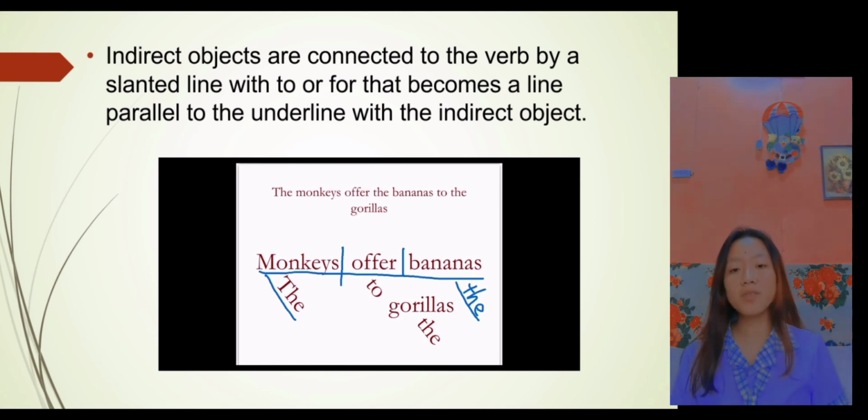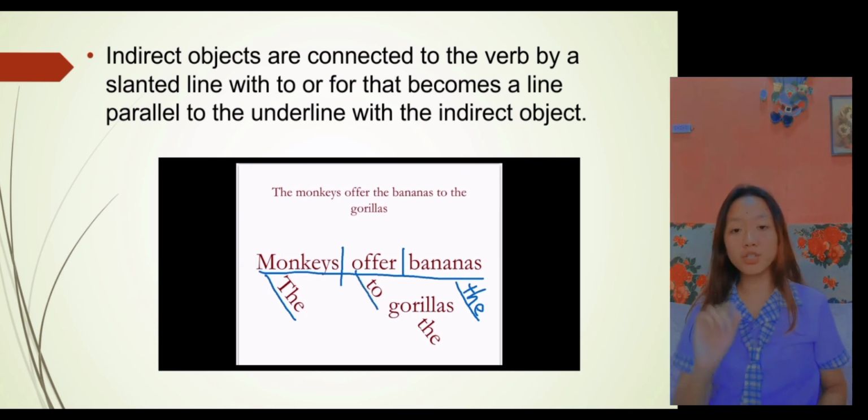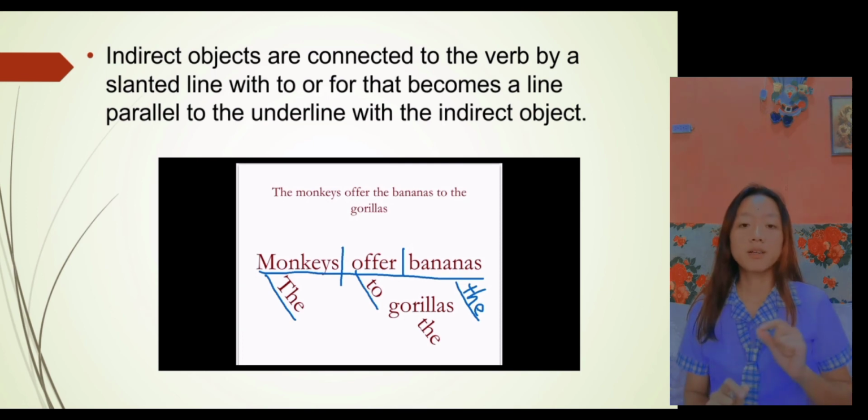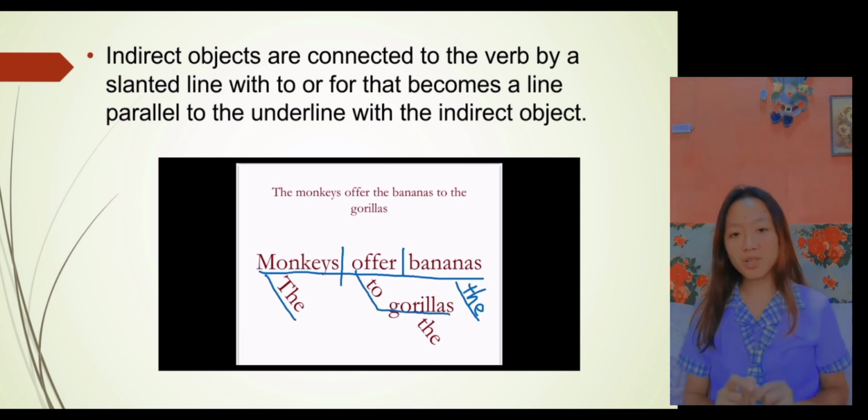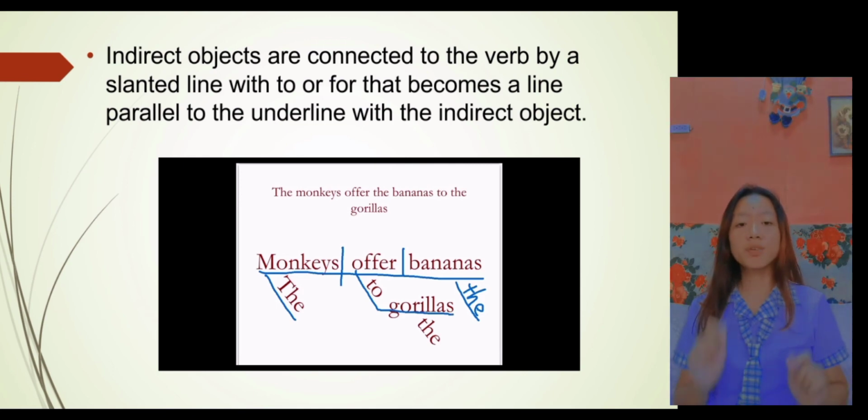So, our indirect object is to gorillas. We're going to draw a slanted line from offer to "to" and draw a parallel line to gorillas. Then, because gorillas and the form a unit, we are going to draw a diagonal line to them.